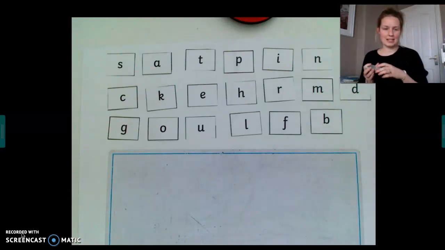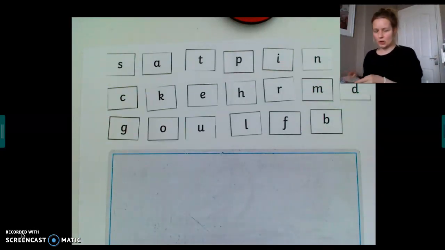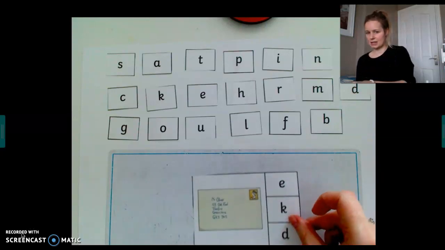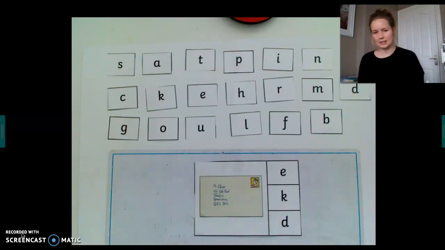What I'm going to do is, same as the last day, I'm going to show you some of these cards, and I want you to tell me the starting sound, the sound that the picture starts with. So this one, what is this? It's an envelope, isn't it? Envelope. What sound does it start with?